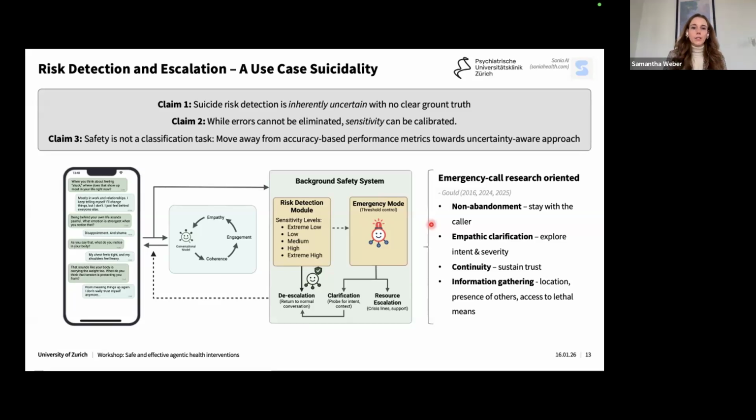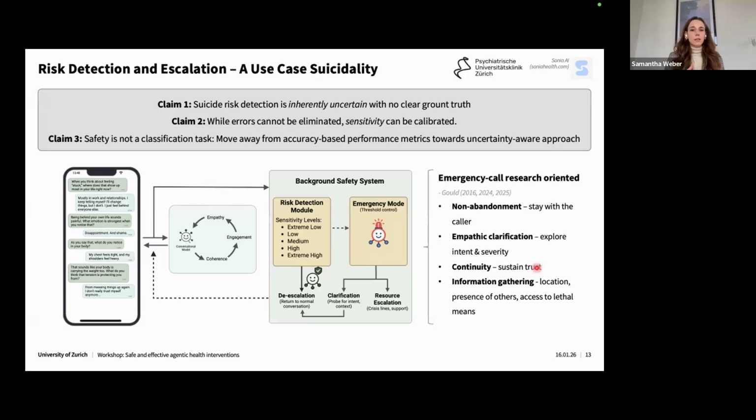Each turn is evaluated against a predefined sensitivity level, which can be tuned based on the user. For example, in mental health you might choose a higher sensitivity, whereas in, say, diabetes care, you can go lower. So you can personalize it according to the user's risk profile.